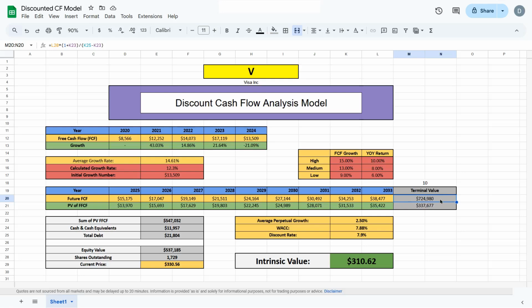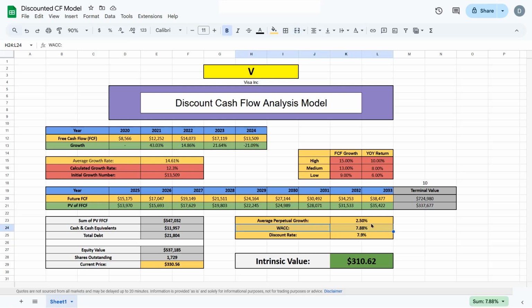After that, we will calculate the terminal value by taking the free cash flow from 2033 and combining it with the perpetual growth of 2.5% and the discount rate of 7.9%. But now we have to calculate the present value of that future free cash flow. And to do this, we will again use the discount rate, which is essentially the minimum rate of return you would like from an investment into a company yearly.